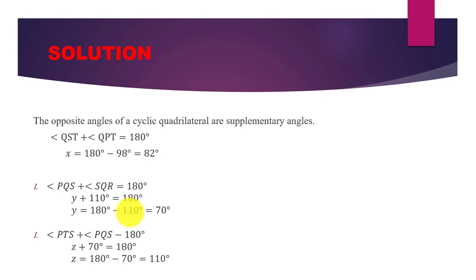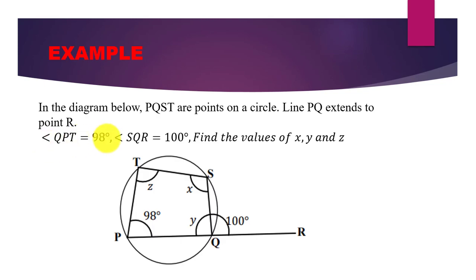Let's go back to the diagram so that I can explain it better. QST is x. When we sum angle QST and angle QPT, that is 98 degrees, we have to get 180 degrees.